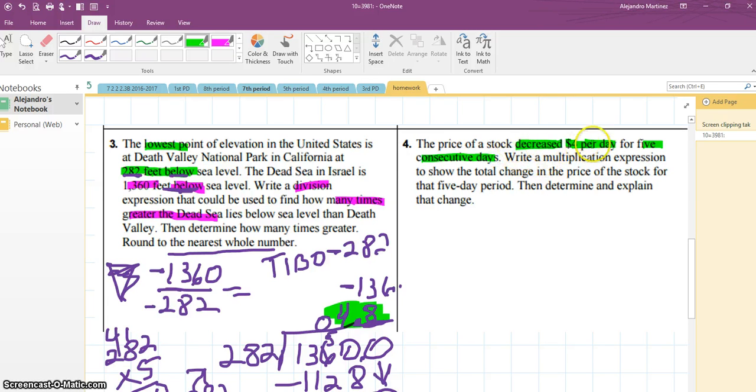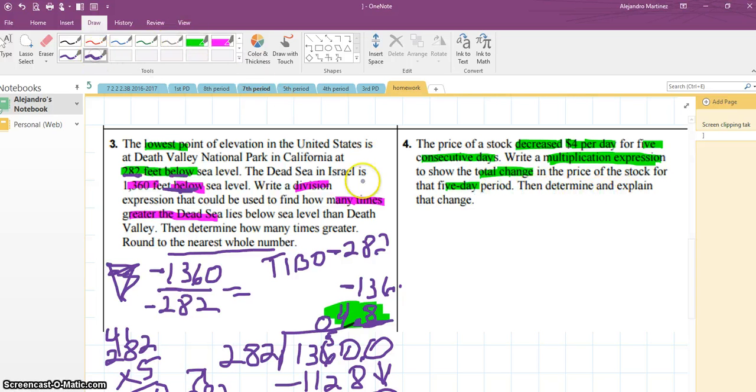So the price of stock decreased $4 per day for 5 consecutive days. So el precio disminuyó o bajó $4 por día por 5 días consecutivos. Okay? So write a multiplication expression, expresión de multiplicación, to show the total change in the price of the stock for the 5-day period. Then in turn explain the change.